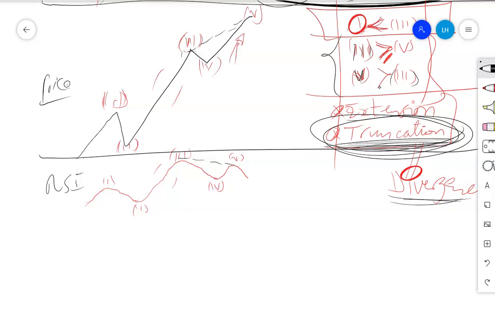Therefore, price will keep on rising, but the force at which it is rising is not equal to that in the third wave.